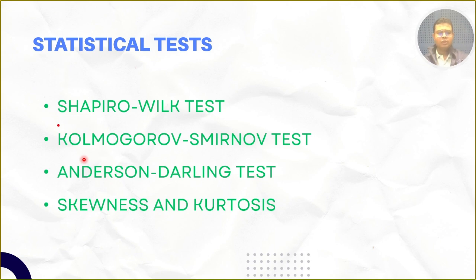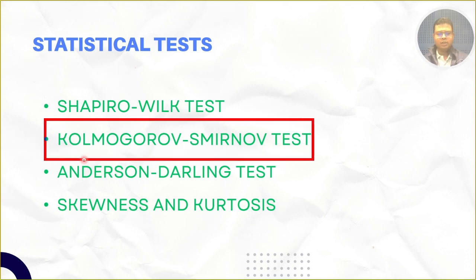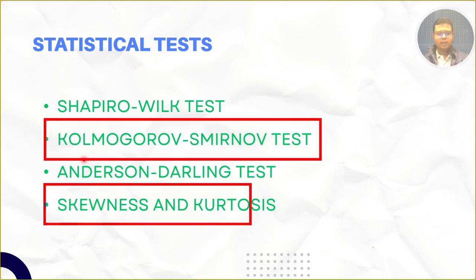The most popular are the one-sample KS test and the skewness and kurtosis test. These are the most widely used tests. If you would like to see the practice of how to test normality, there is another video in this series.